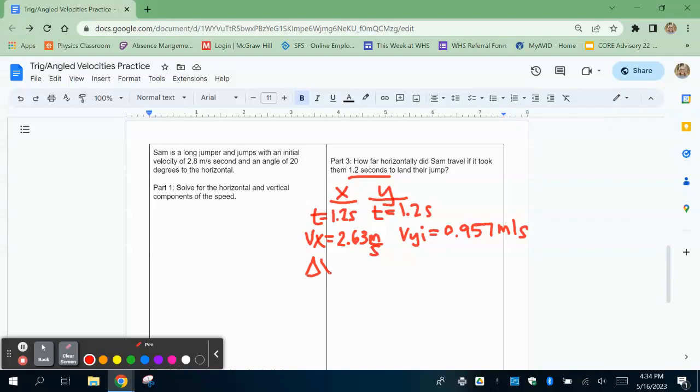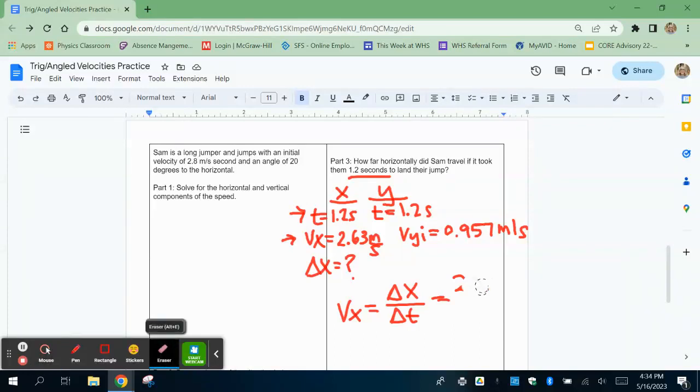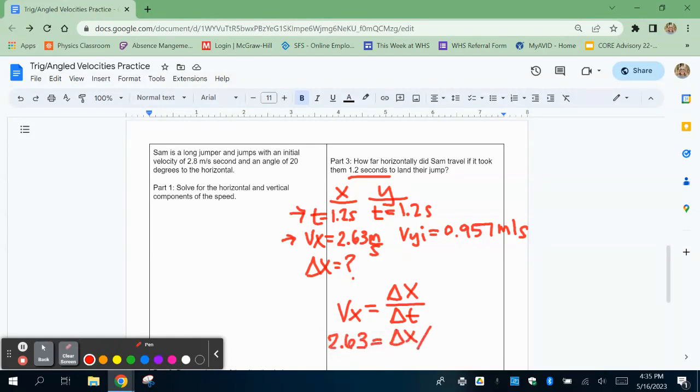And then we are looking for delta x. We don't really need to worry about our y components because we have everything we need to solve for delta x. The equation we're going to use is Vx equals delta x divided by delta t. So 2.63 equals delta x divided by 1.2 seconds.